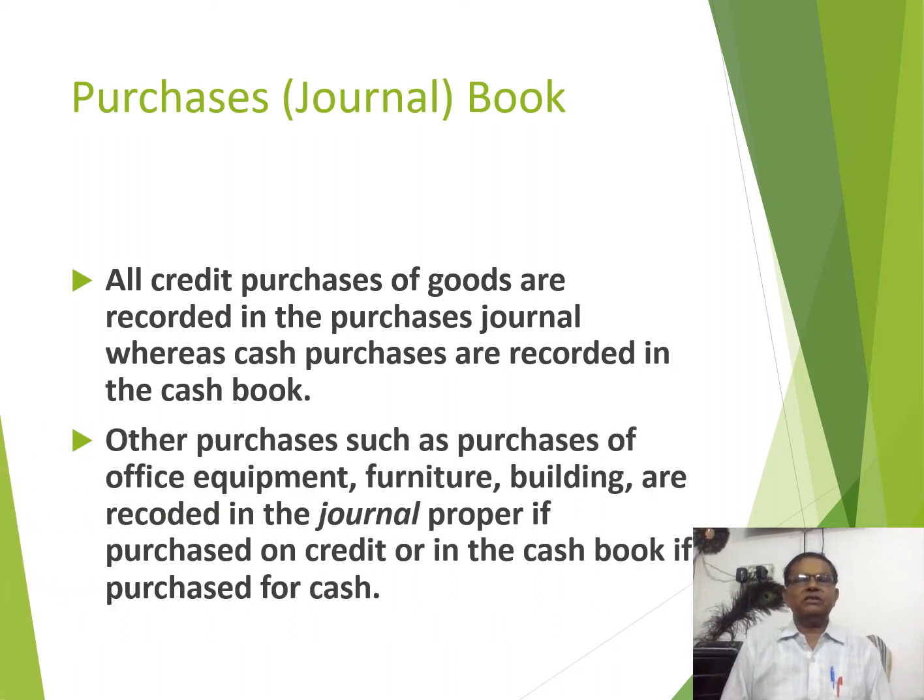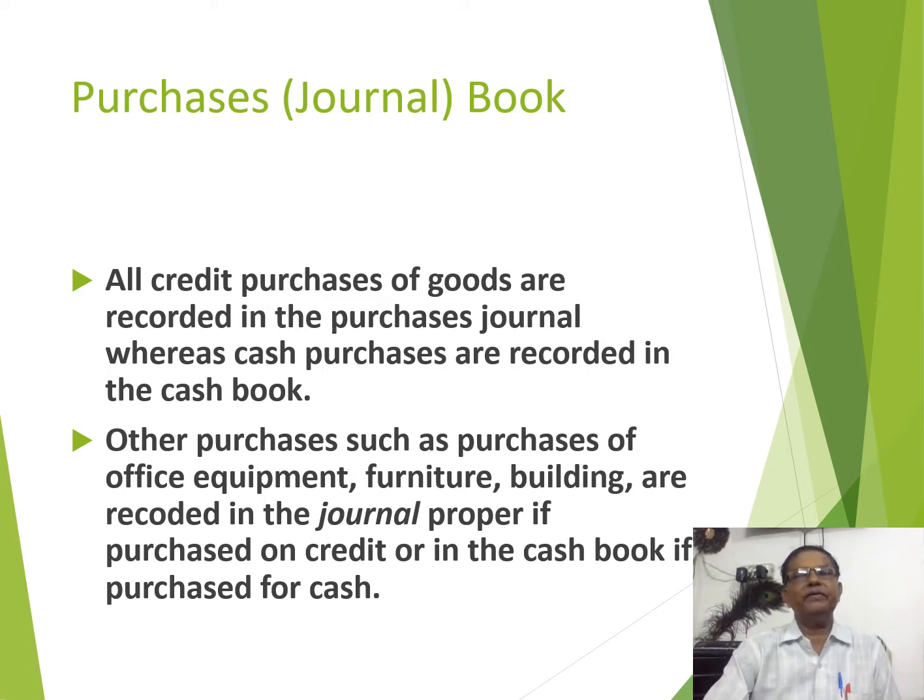Other purchases such as purchases of office equipment, furniture, land, building, plant, machinery are recorded in the journal proper, whether the purchases are on credit or for cash.